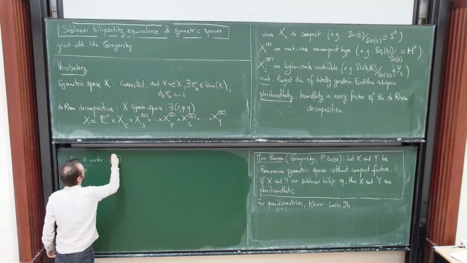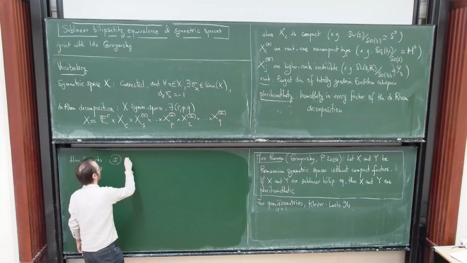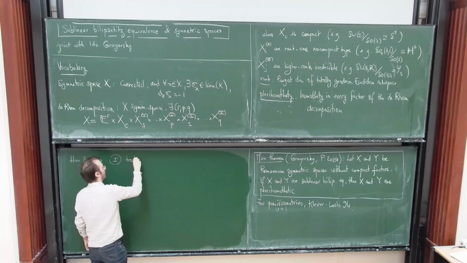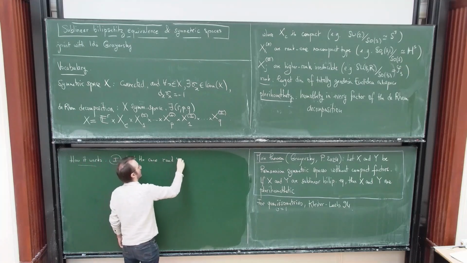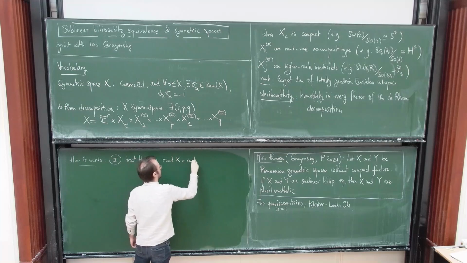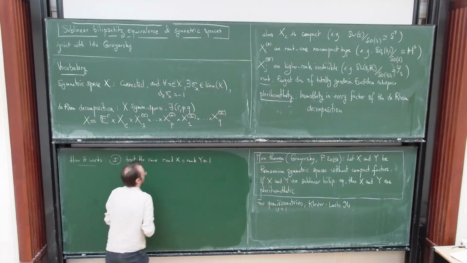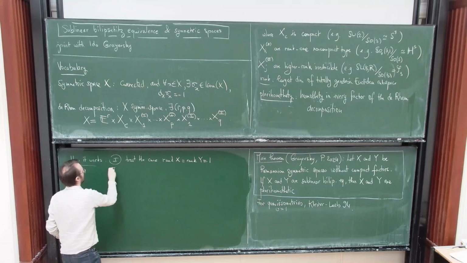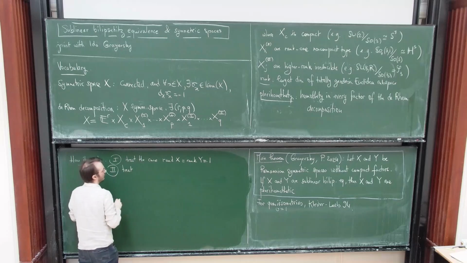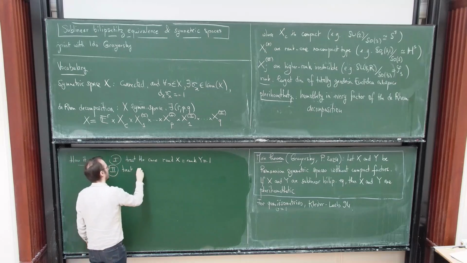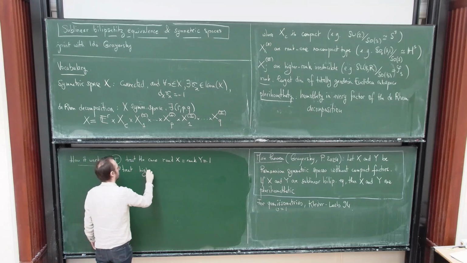So the first step is to treat the case where rank of X is rank of Y is 1. Second step is to treat the irreducible higher rank case, or rank avoiding compact factors.